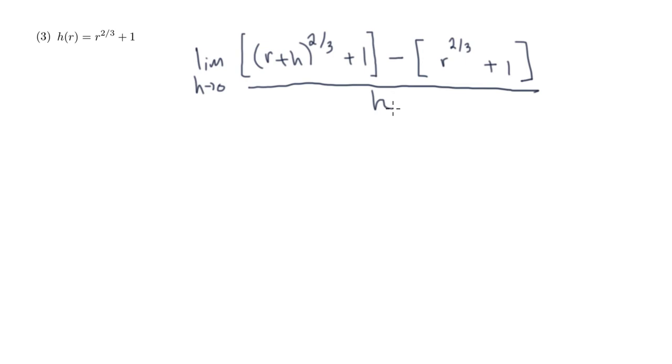Notice that if we try to plug in h equals 0, we're going to have a big problem. We're going to get an indeterminate form.